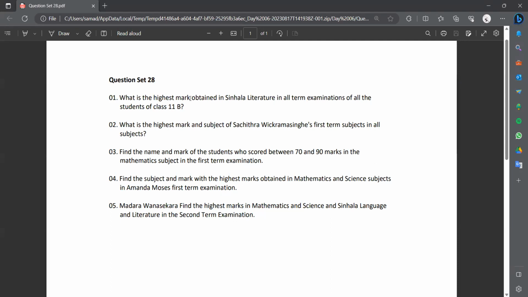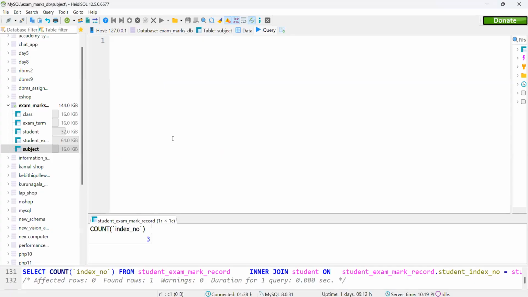Therefore, we need the subject table and class table. To find that, first write select, and for the highest mark we put max of our mark.